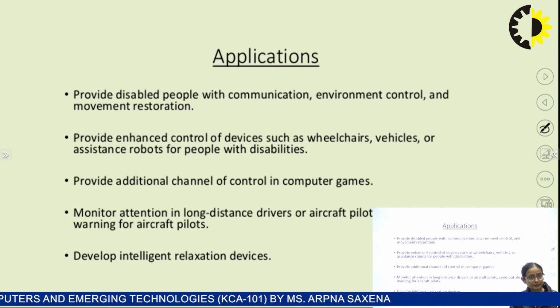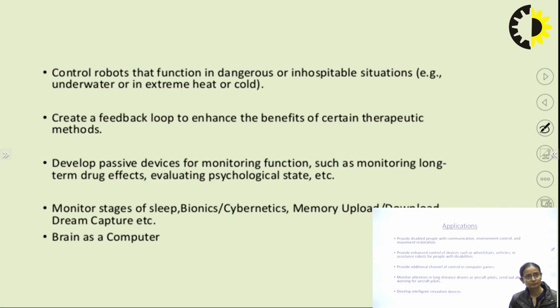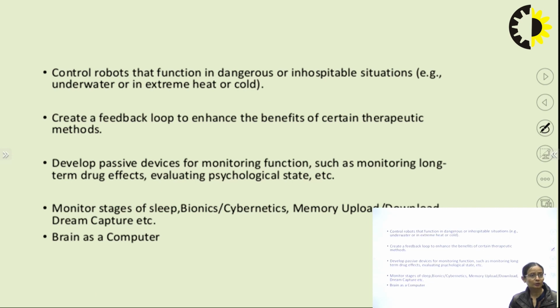Certain intelligent relaxation devices can also be developed with the help of BCI. Control the robots that function in dangerous or inhospitable situations, for example underwater or in extreme heat or cold.